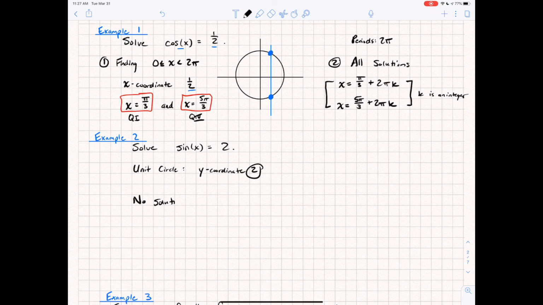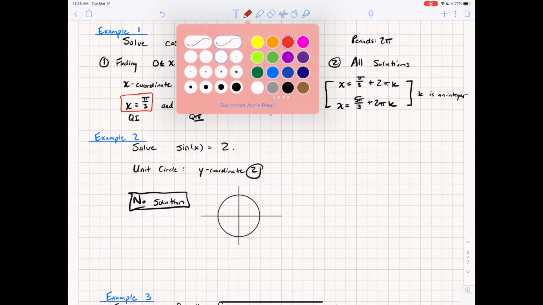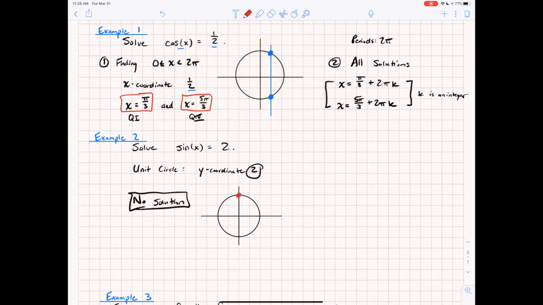Why? Well, go back and think about the unit circle. If sine is the y-coordinate, there is a ceiling to what sine can be, because there is a ceiling to the value of y on the circle. What's the highest point that the circle reaches in terms of a y-coordinate?